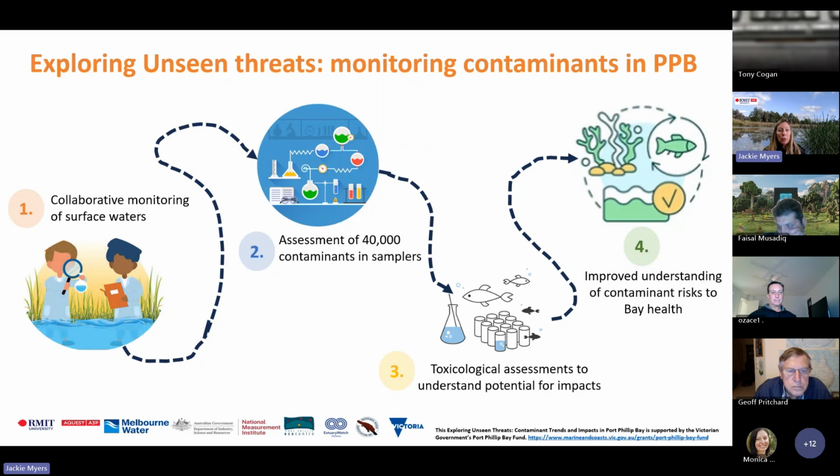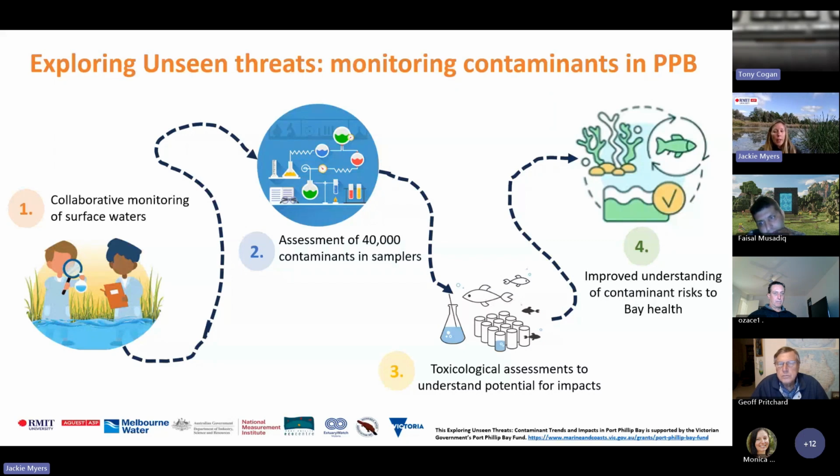Now, the project will look at these contaminants by monitoring surface waters at various estuary and bay sites, and we'll screen them for over 40,000 chemical contaminants using innovative analytical methods. The monitoring will occur multiple times a year over a 3-year period, and this will provide insights into both the spatial and temporal changes in contaminant levels.